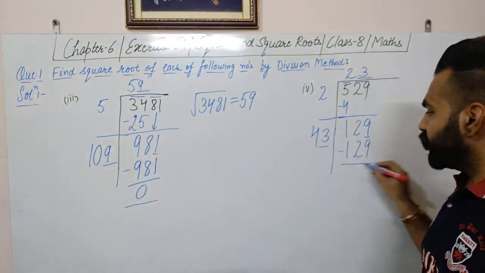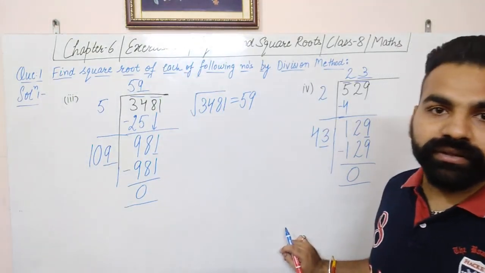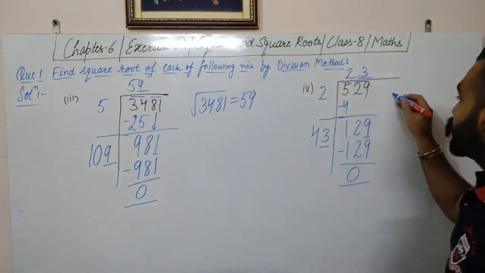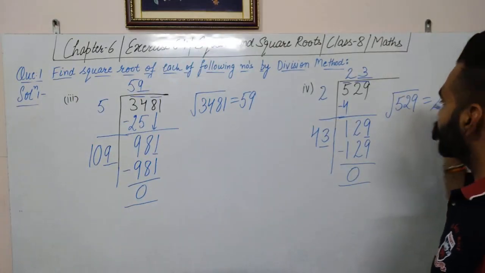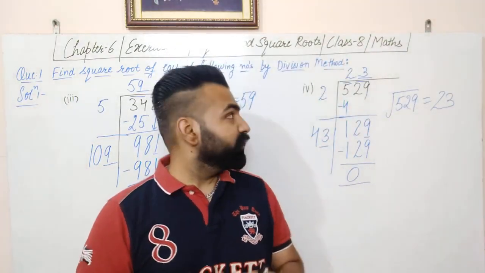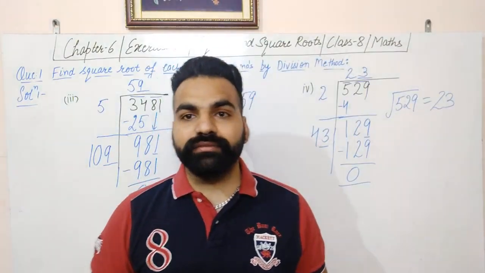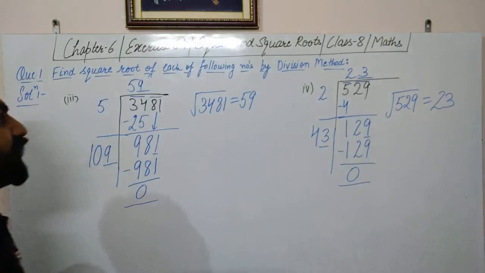So we will subtract. The remainder is 0. The quotient here will be the required square root. So root 529 is 23. Whenever the remainder is 0, we will stop at that step and the quotient at that step will be the required square root. So this was the part number 3 and 4 of question 4.